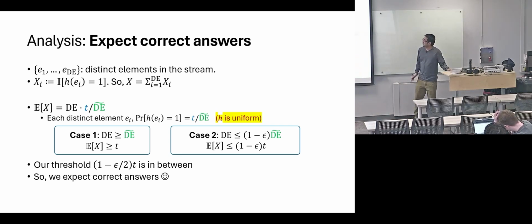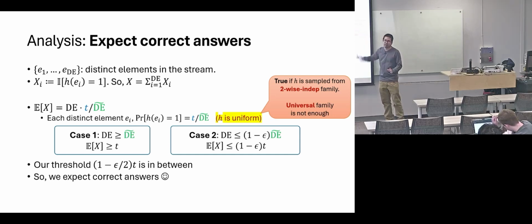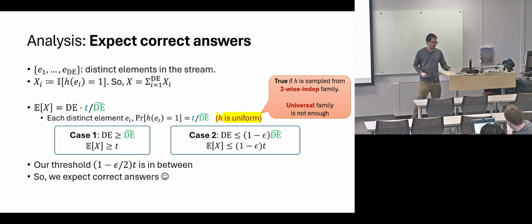But this would be true if our family is sampled from a twice independent family. Right? Twice independence implies uniformity. Why? You can check this, but note that a universal family is not enough. So at least here, twice independence would be enough. Okay. So that's the part when we compute the expectation.